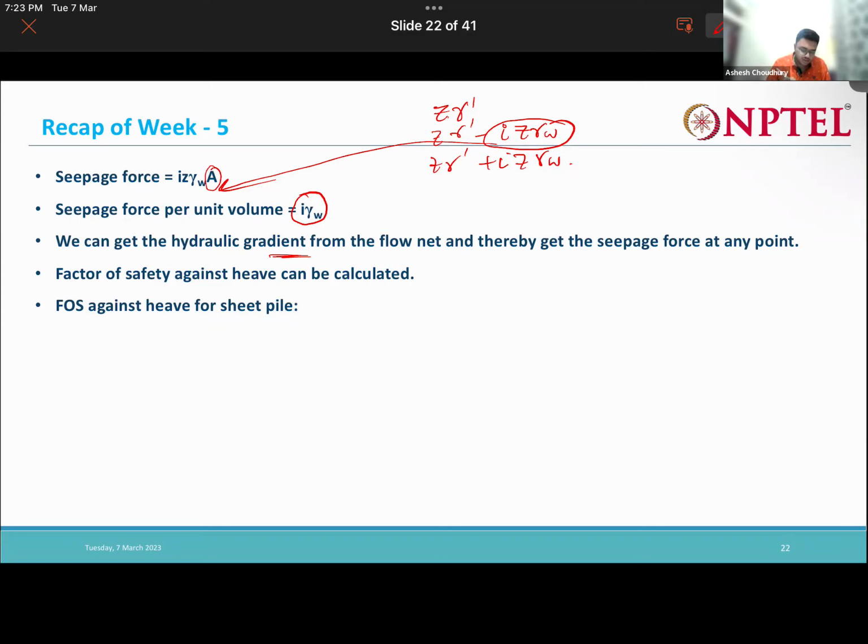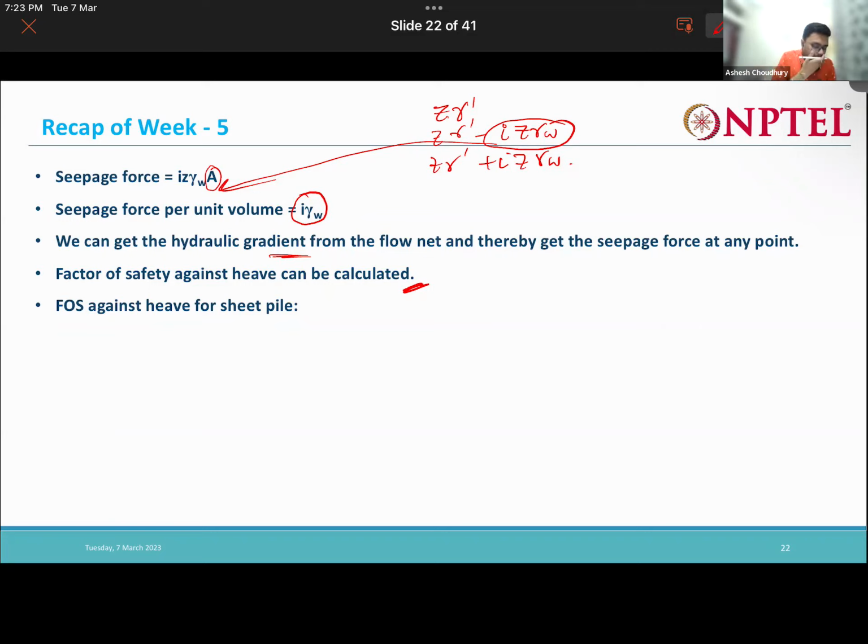So the factor of safety against heave can be calculated from this. Heave, as I told you, means at the exit end. At the exit end, my downward force should always be greater than the upward seepage force. Otherwise, what will happen? If it is high, the soil will heave, meaning the soil will come out and form a dome or dune-shaped structure.